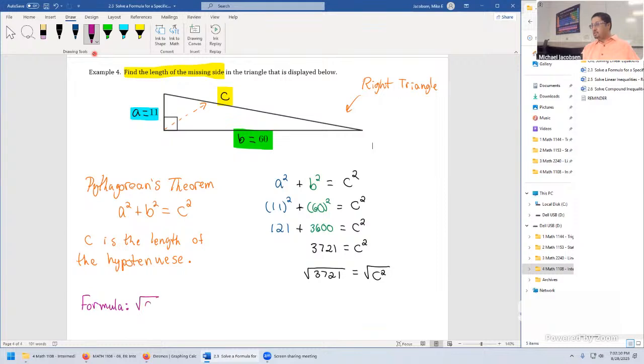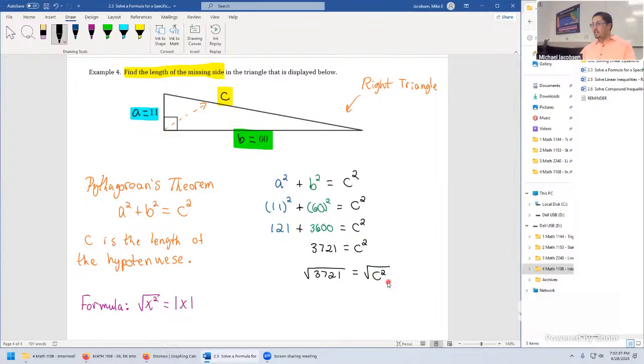But the formula says the square root of A squared. Maybe not A, because we're already using A there. Let's use just an X on this one. The square root of X squared is equal to the absolute value of X. We haven't even done absolute value yet. It's coming up in the next section, 2.7. But that's a really important formula. It just turns out we're lucky here.